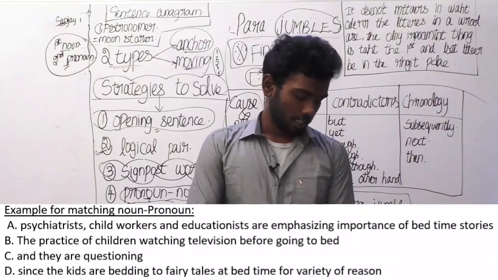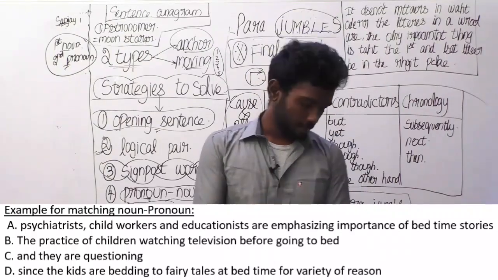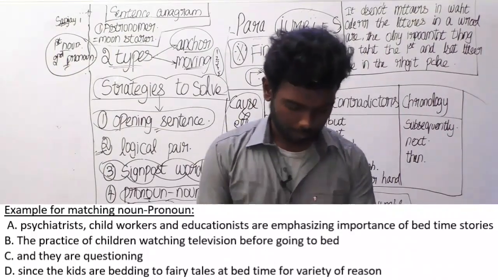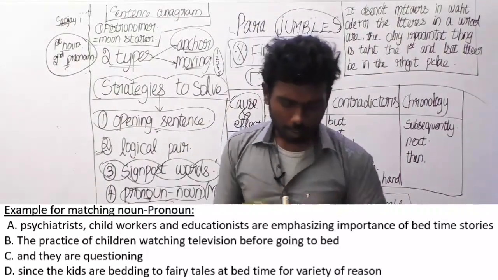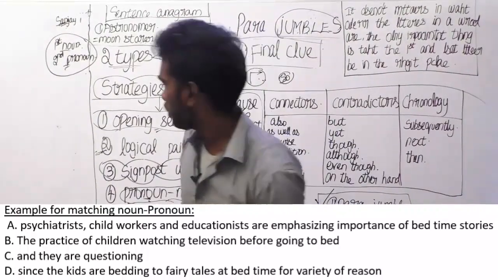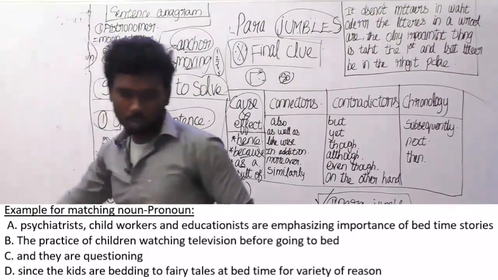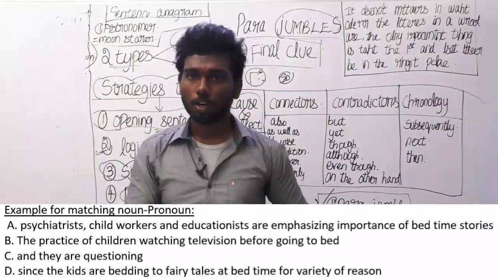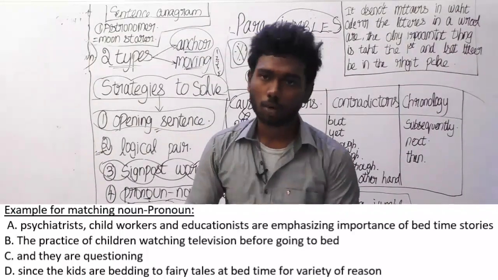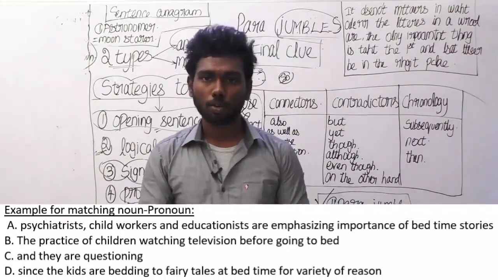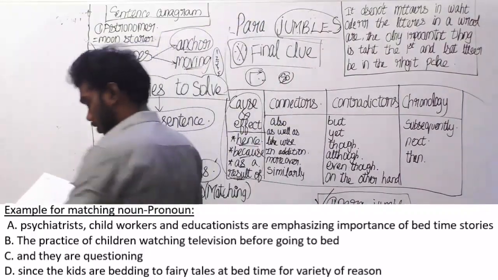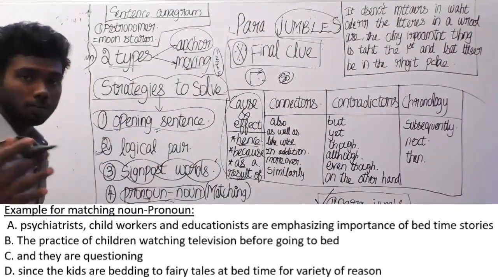So this third sentence is going to come next after option A. The third sentence will come after option A, and if you find this out easily, it will be easy for you to find out the sentence logic also, because look at these options now. If you can figure out these two things, it will be easy for you. I will say the options and you will find out easily.